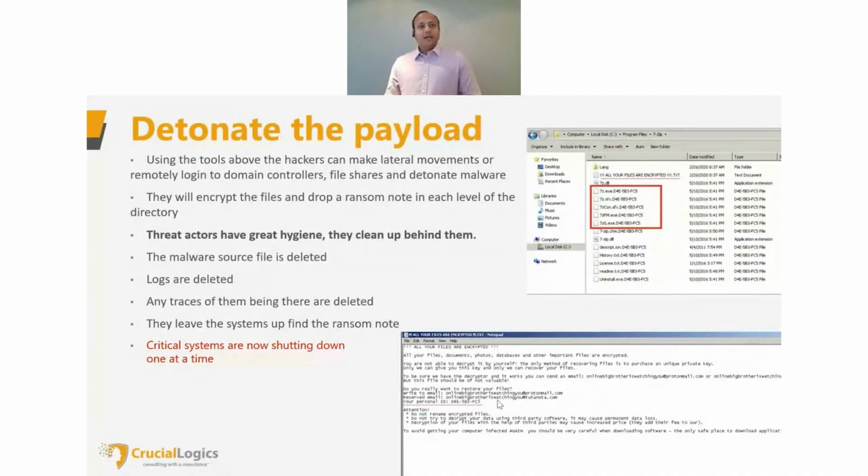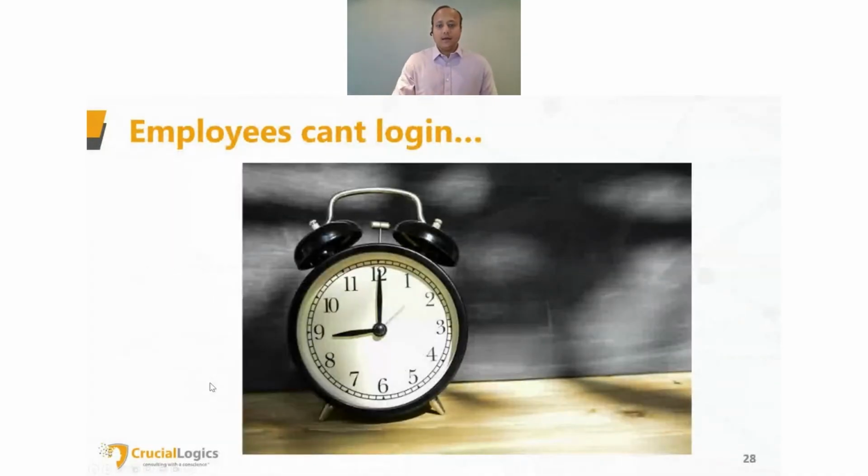But at this point, critical systems are down because your system files are encrypted, and you're now seeing systems turn themselves down and remain inaccessible. So at this point, the employees can't log in. This is 9 a.m. in the morning. People are filing in.